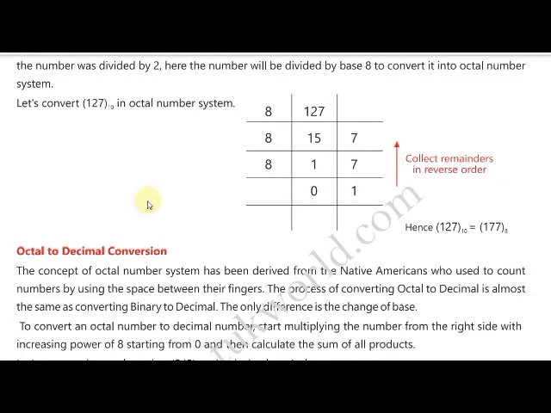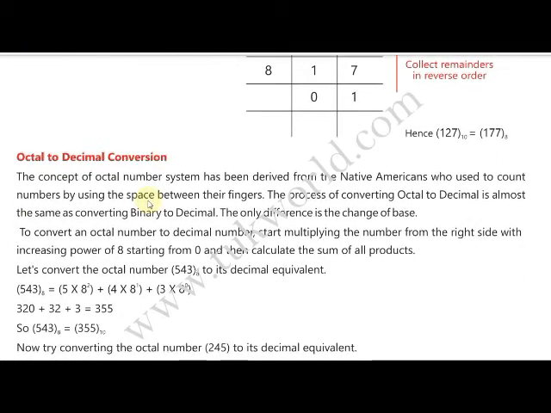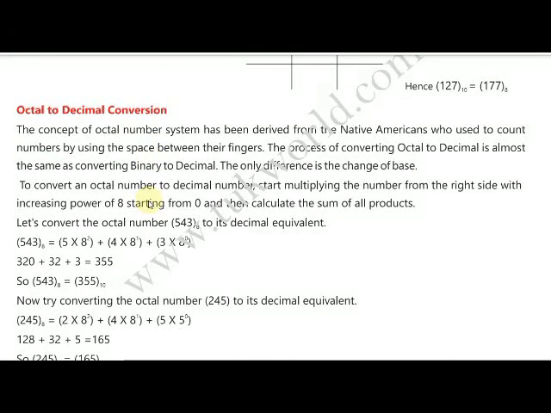Let's see the vice versa process, that means how to convert octal to decimal. Here also we have to use the same process which we used in the last session while converting binary to decimal. That means we are going to multiply each and every digit with the base of octal by increasing the power index for the base from right to left.